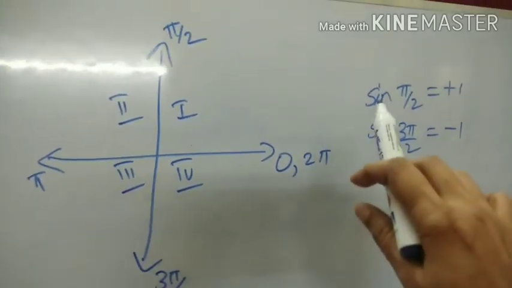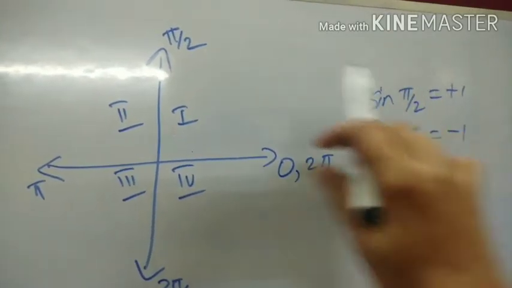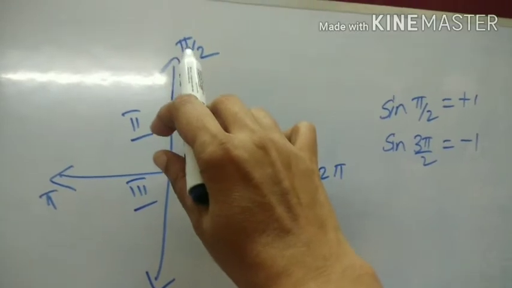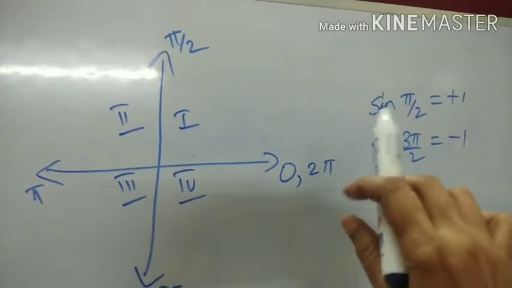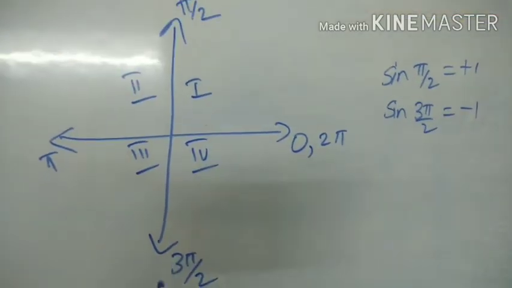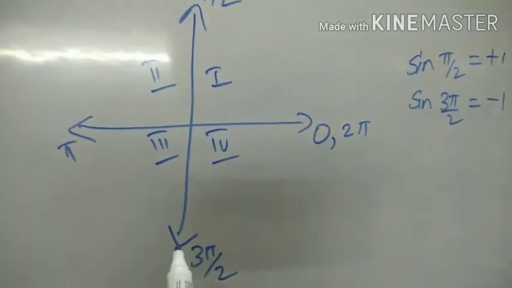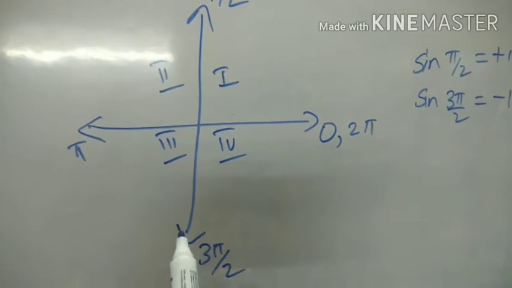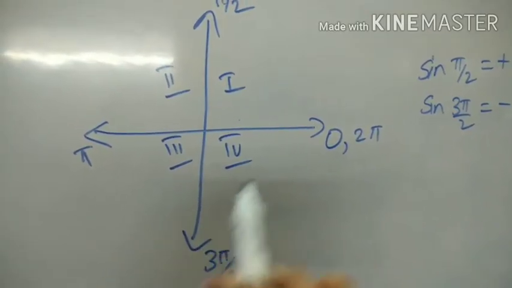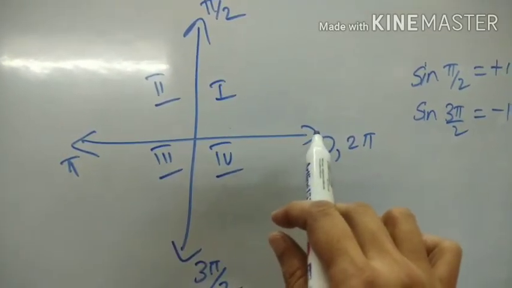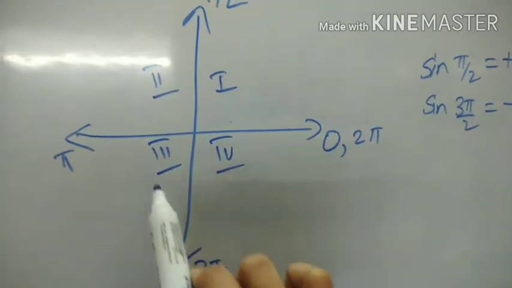My question is, sin pi by 2 is plus 1, means I am here, first quadrant. Sin x value minus 1 means I am in the third quadrant. So every time I am here, my answer is minus 1.